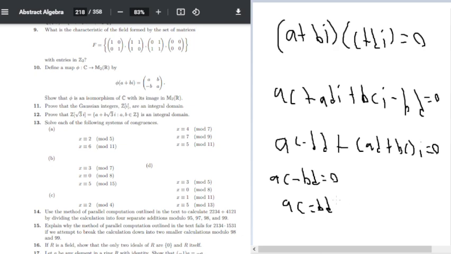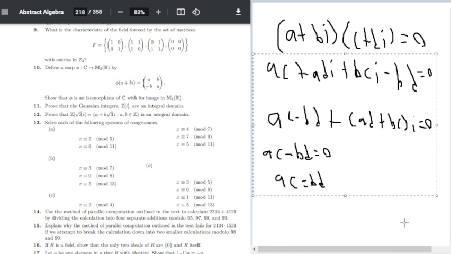So ac is equal to bd. So let's think about the possible cases we have. So we can assume that either a or c is not equal to 0.